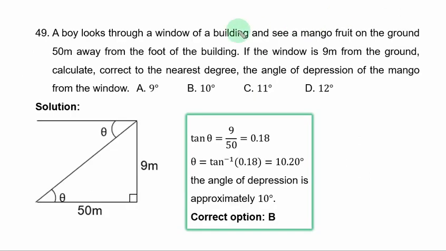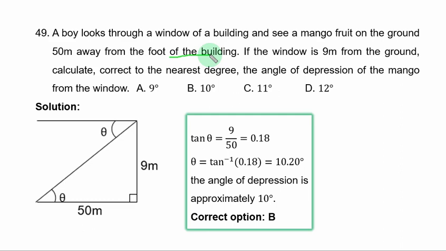Question 49. A boy looks through a window of a building and sees a mango fruit on the ground 50 meters away from the foot of the building. If the window is 9 meters from the ground, calculate, correct to the nearest degree, the angle of depression of the mango from the window.